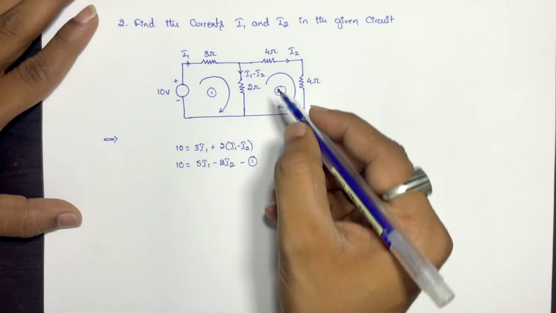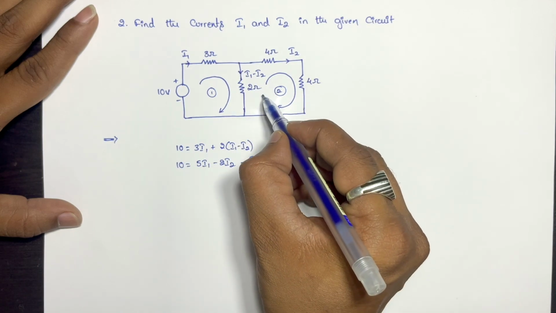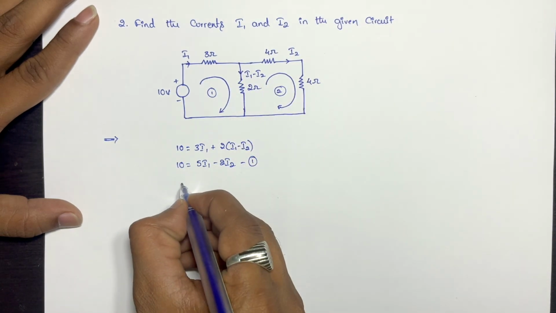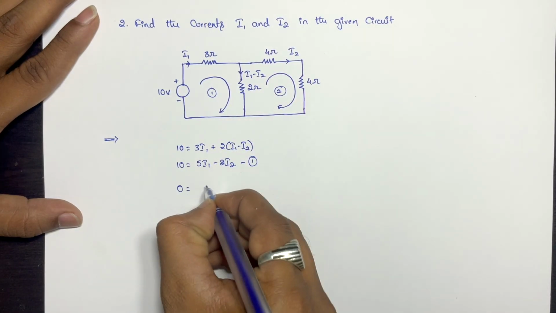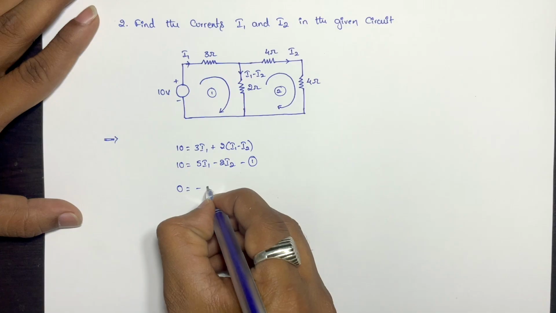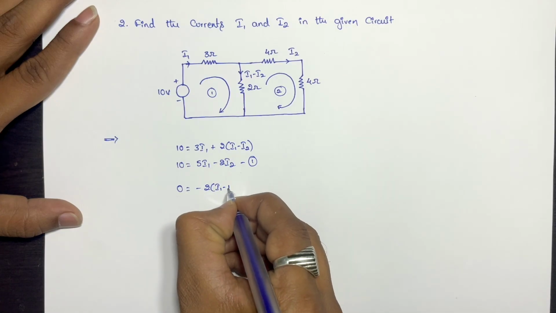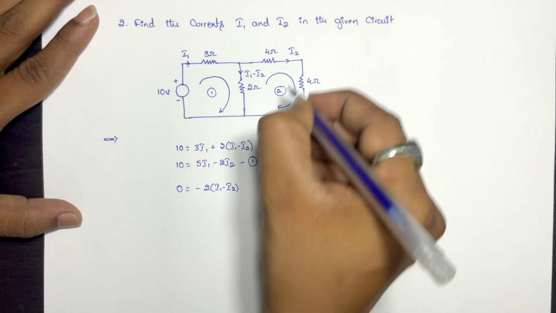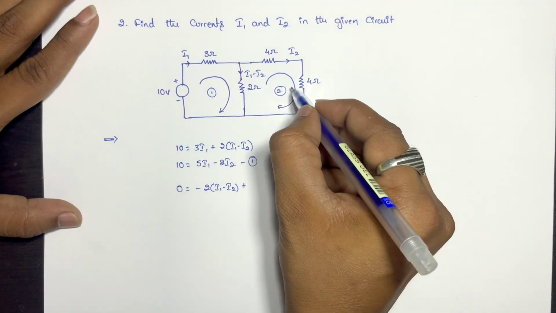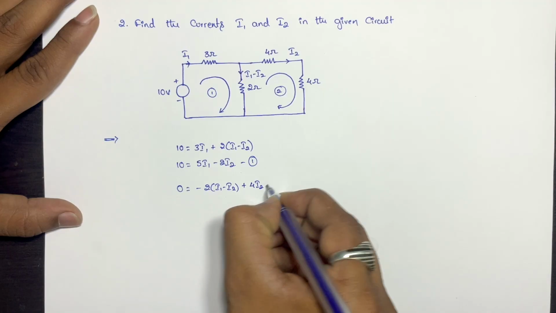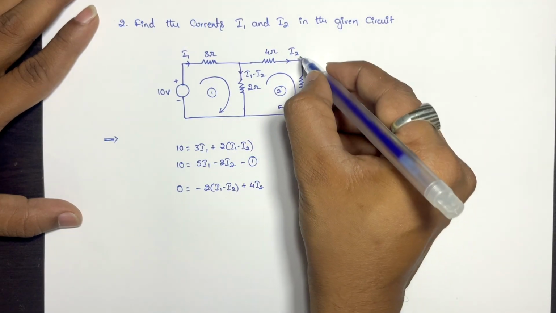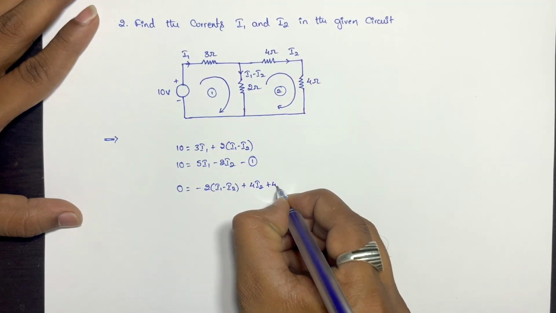And for loop 2, the current I1 minus I2 is flowing against the loop, and there is no voltage source. We can take it as 0 is equal to minus 2 times I1 minus I2 plus, since the direction of the loop is the same as the direction of the current, 4 times I2 for this, and here again I2 into 4, that's 4 times I2.